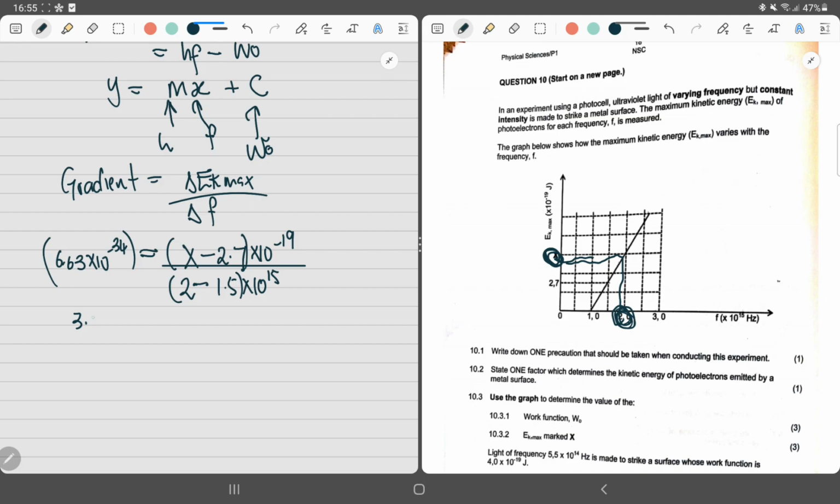So here I'm getting 3.315 times 10 to the negative 19.